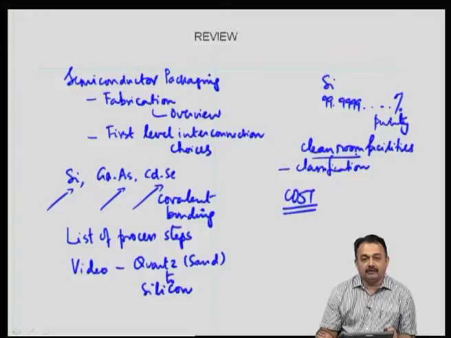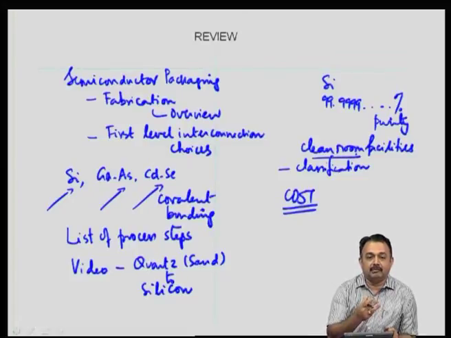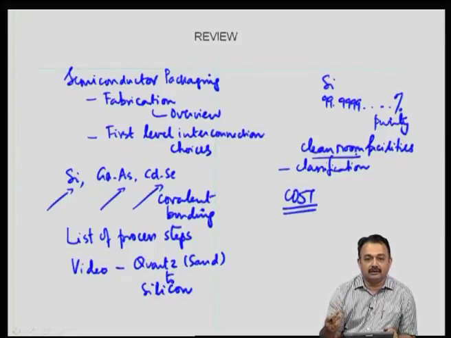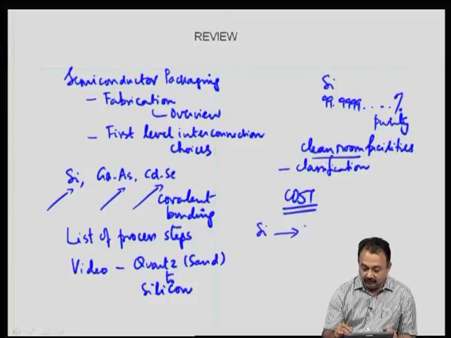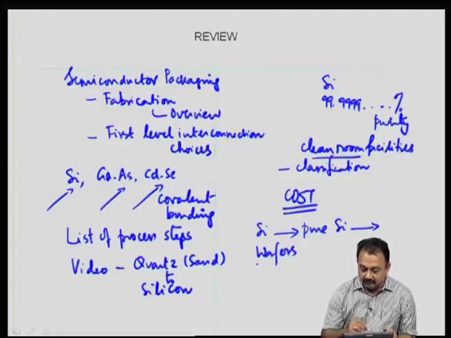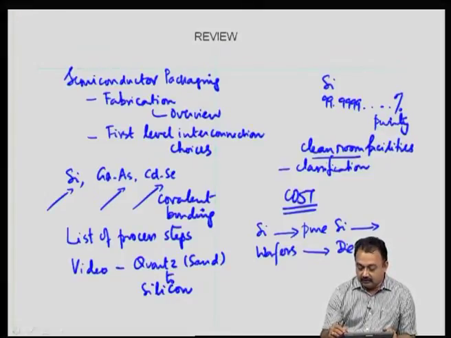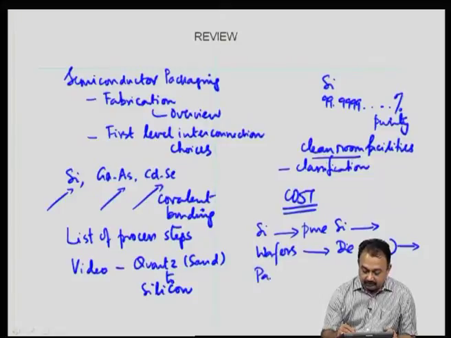So, that video was a very short clip which really quickly took us from a basic sand material to a wafer, and then how a wafer is singulated into a basic die and then how it is packaged. So, the process flow is basically starting from silicon to formation of pure electronic grade silicon, then from there it goes to the formation of wafers, and from there formation of die, and this is basically known as a known good die, and from there the die is packaged.